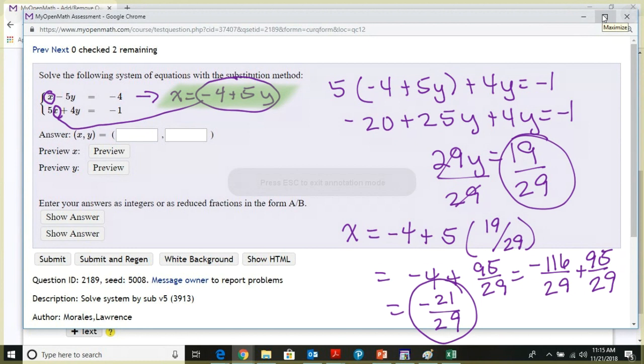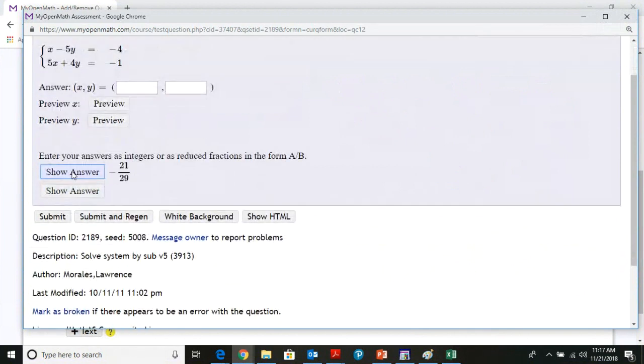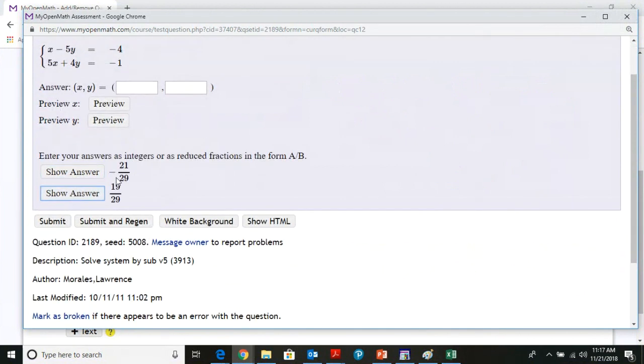So I just plugged it into that second equation, and it was right. So make sure you put these in order. So x is -21 over 29, and y is 19 over 29. So that one wasn't the prettiest, but there's our -21 over 29 and our 19 over 29.